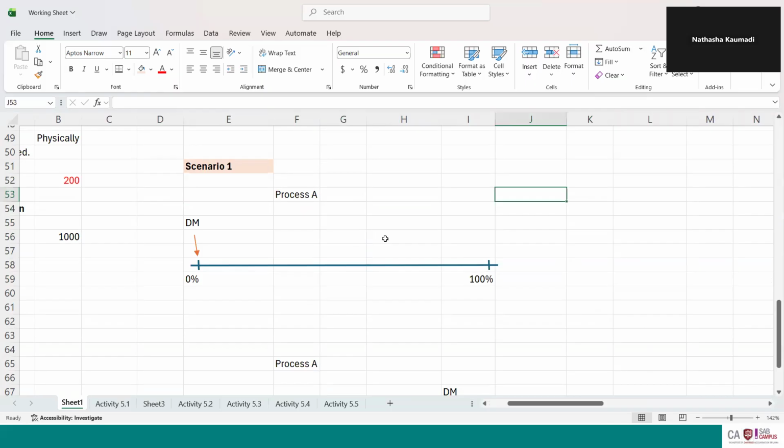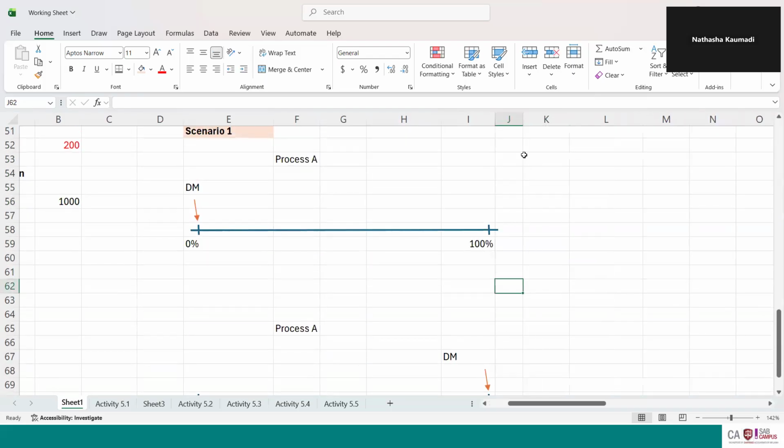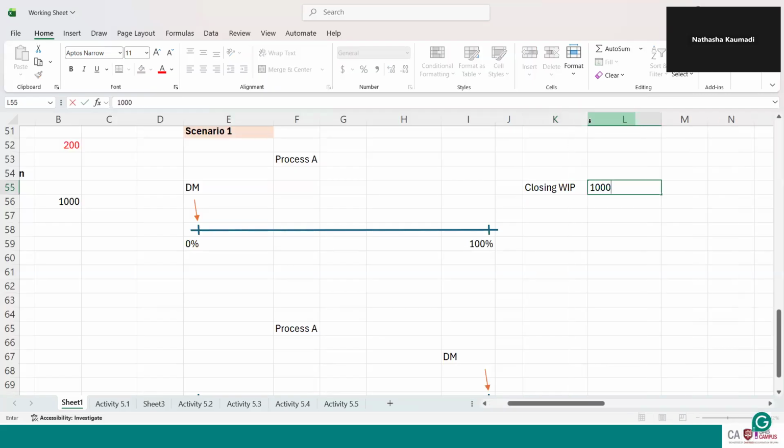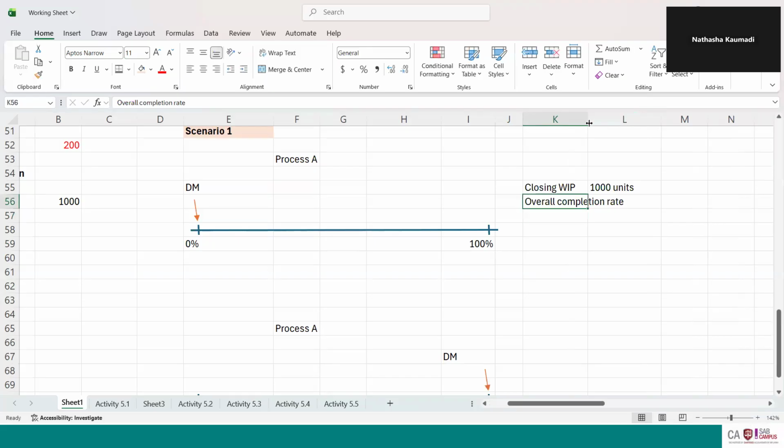Now, let's say you are going to have closing WIP. You also can take these notes when you listen to this recording. At the end of the period, you have some incomplete units, 1,000 units. And overall completion rate, you have completed these 1,000 units, let's say 60%.